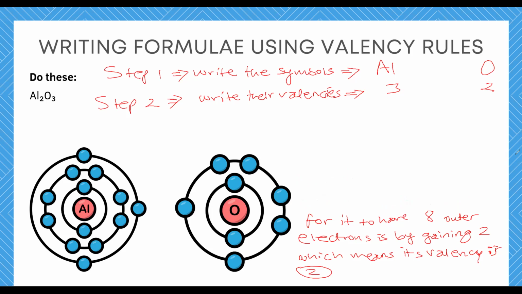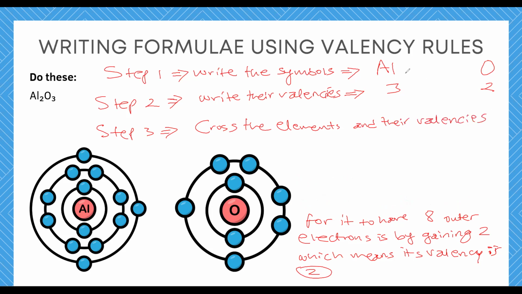All right, so step 3 says cross the elements and their valencies.